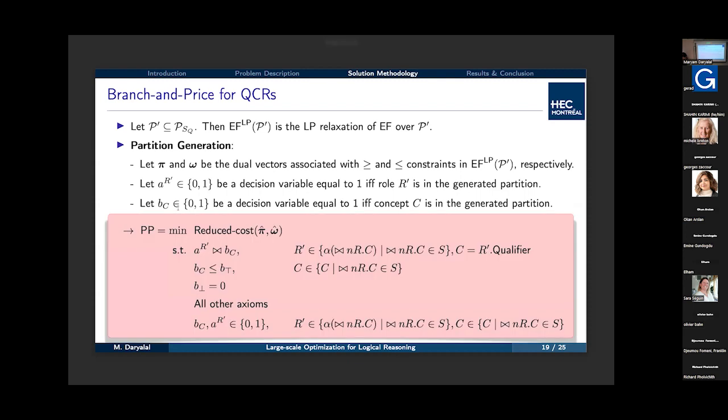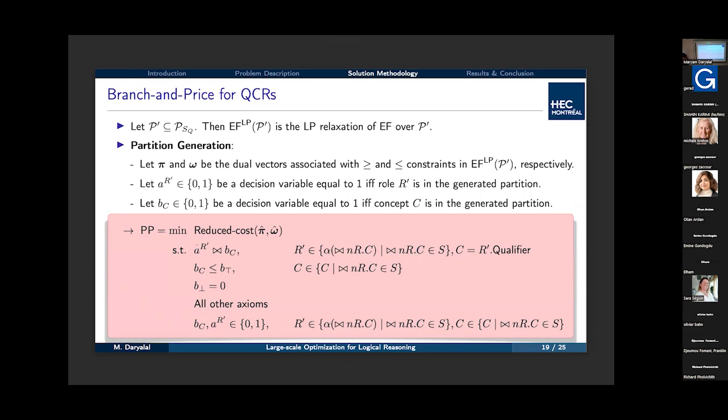And if I do that, then my pricing problem becomes like this. I write the reduced cost as we do. And then for every one of the roles that is involved in a QCR, the presence of that role would mean that C exists as well.